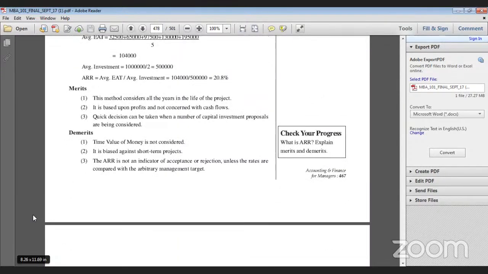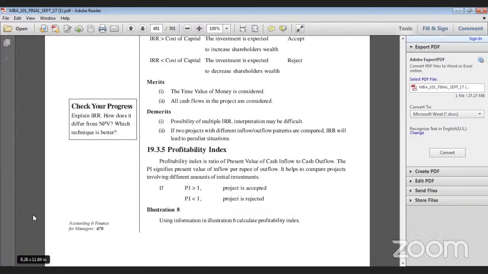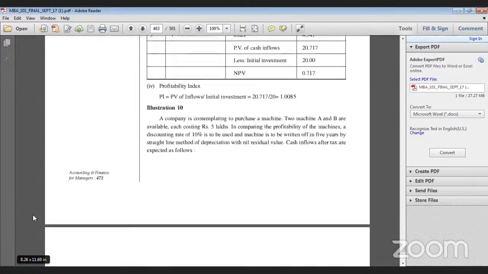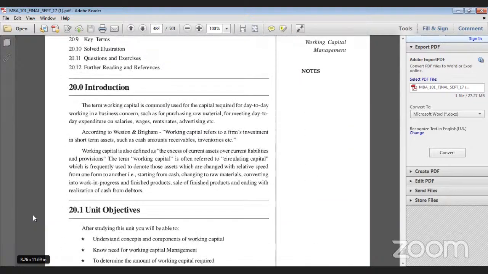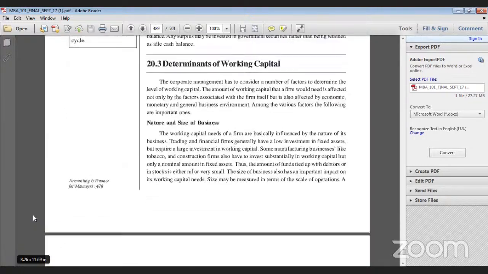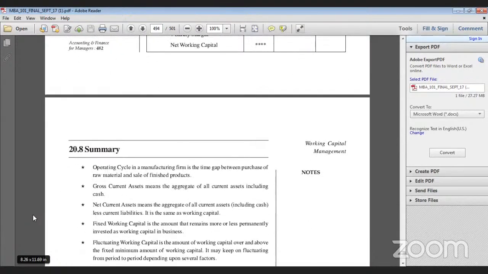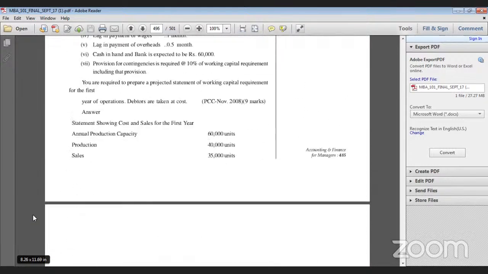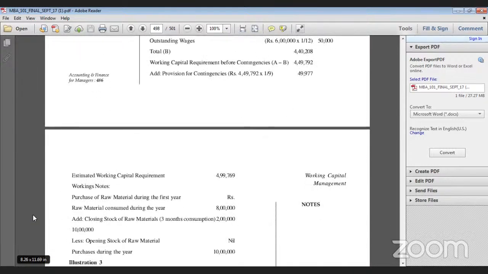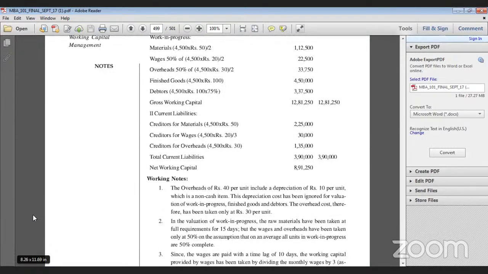You just go through it. So these are the various examples for capital budgeting.